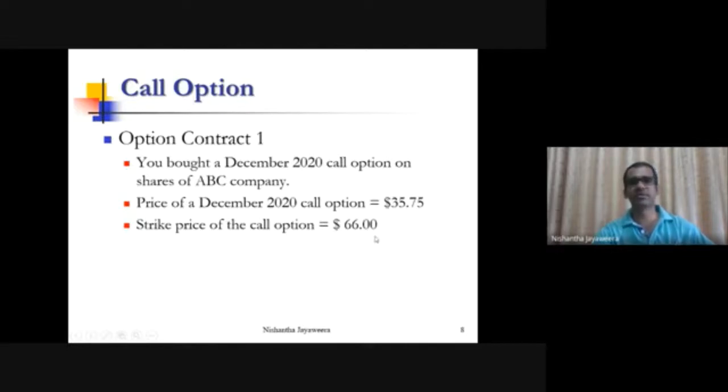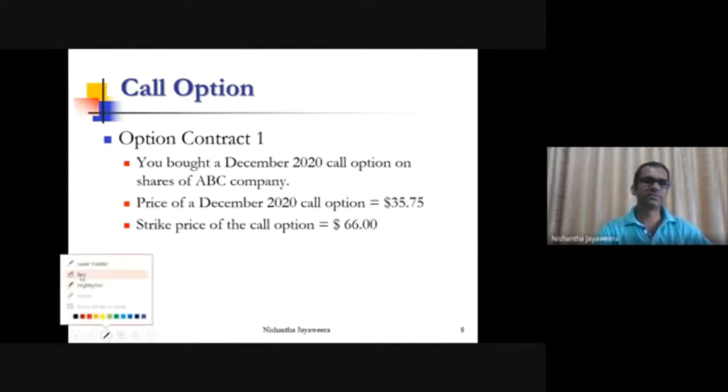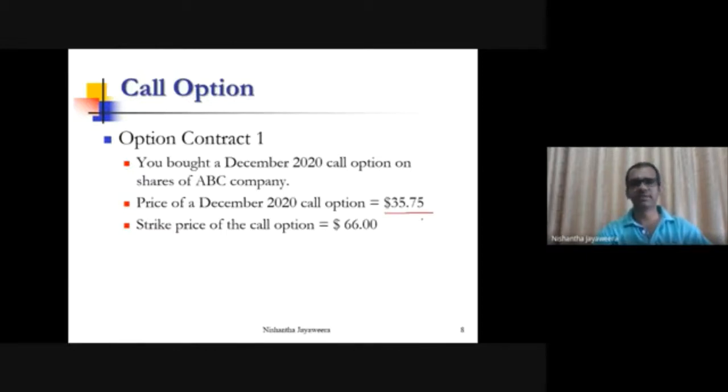Strike price of the call option, 66. Here assume this premium is per one share, and strike price also per share, shares of ABC company.